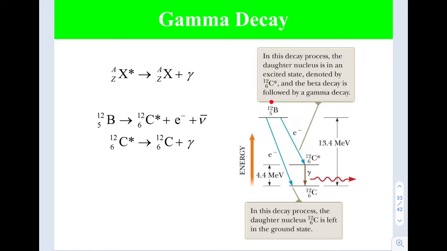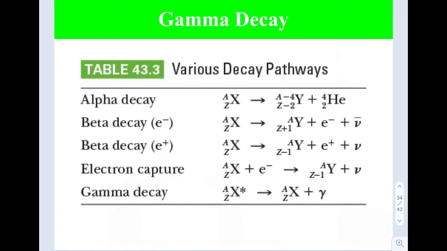So there are two ways for boron to become carbon 12: either decaying directly by one negatron or beta, or by one negatron or beta with the daughter nucleus of carbon 12 in an excited state, which then finally releases one gamma to release the extra energy.